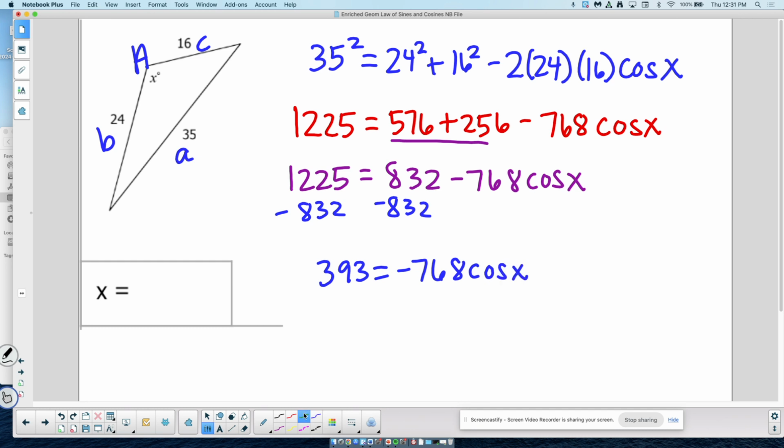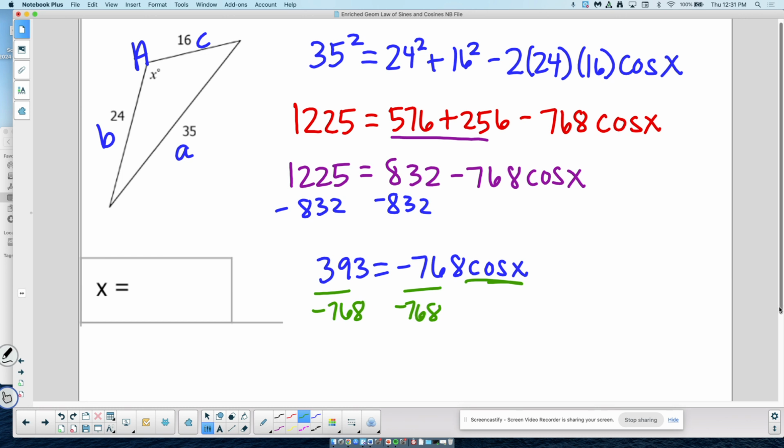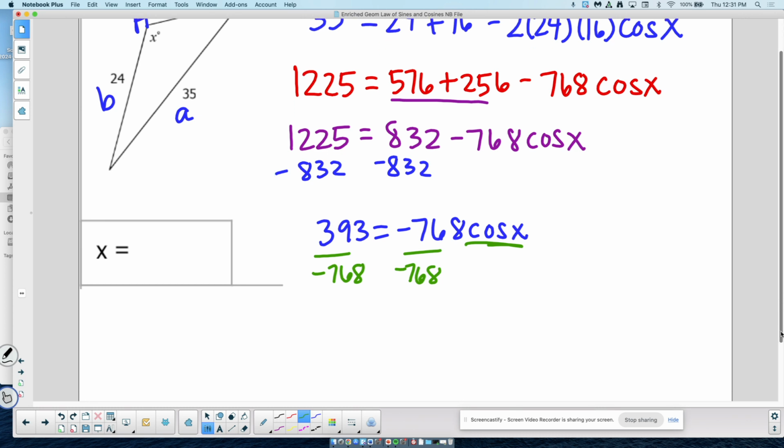We want to isolate this, so we got to divide by negative 768. So now we have negative 393 over 768 equals cosine of x.